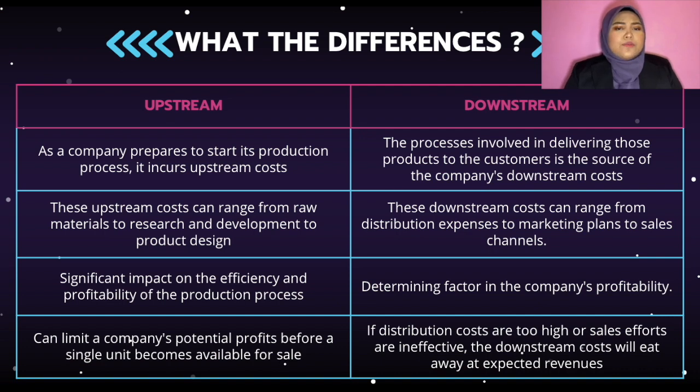Last, if distribution costs are too high or sales efforts are ineffective, the downstream costs will eat away the expected revenues. As for the costs, in upstream there are two costs, which are research and development and design costs. As for downstream, there are three costs, which are marketing costs, distribution costs, and after-sales service costs.